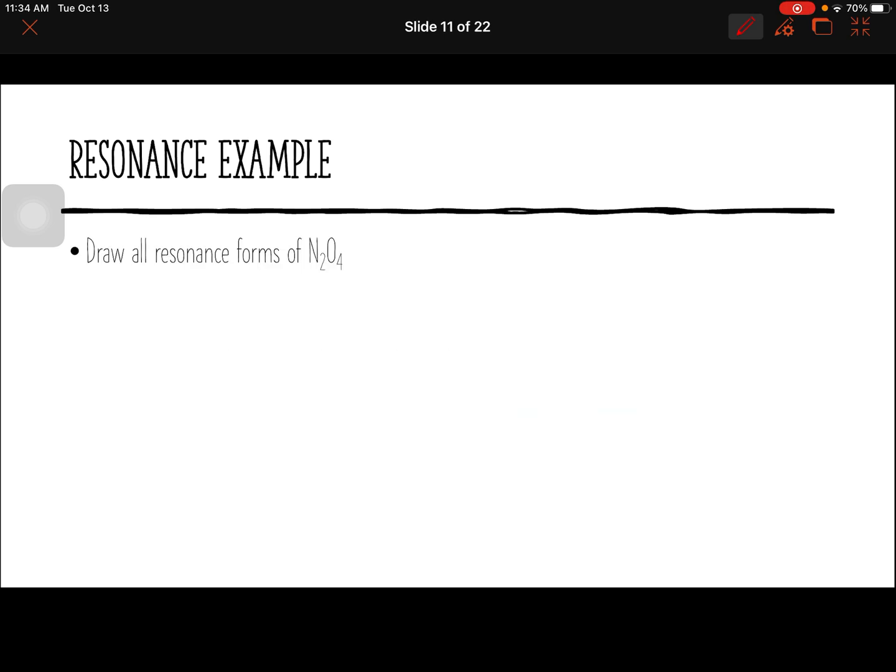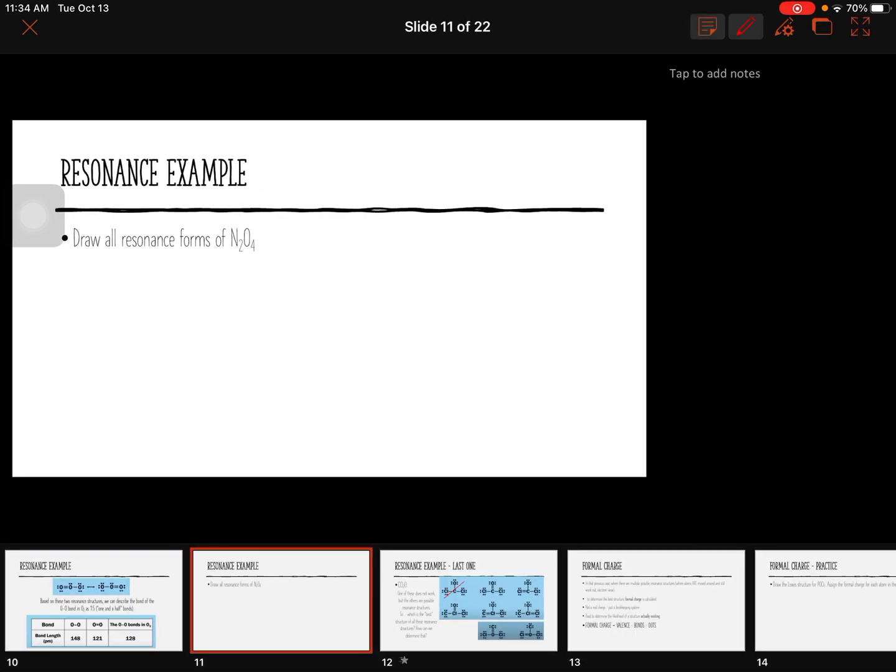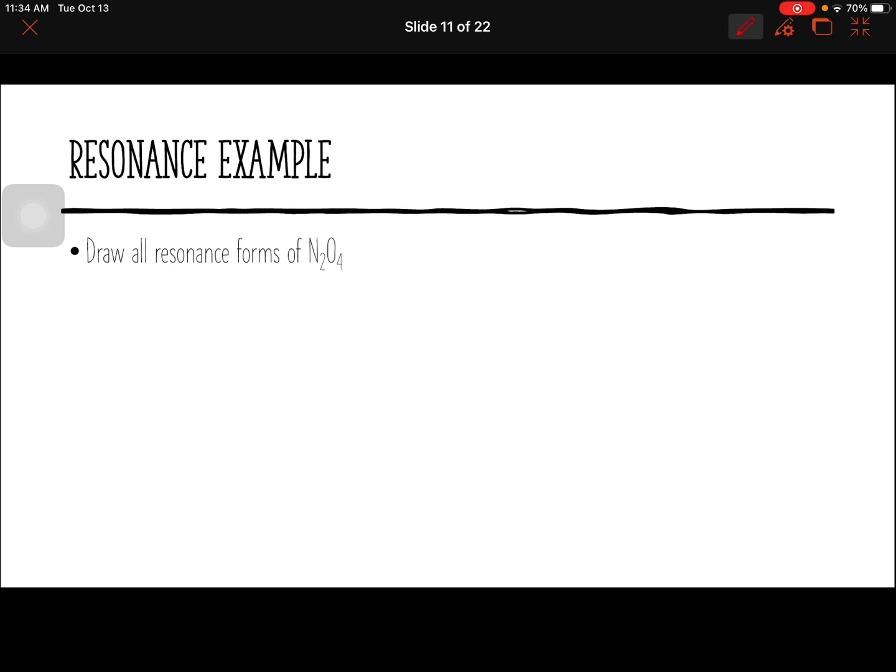Here's another example for N2O4. So nitrogens each have 5, oxygens each have 6. So I need 34 electrons in my diagram. So I'll put the nitrogens in the center, and I'm going to branch these oxygens off.